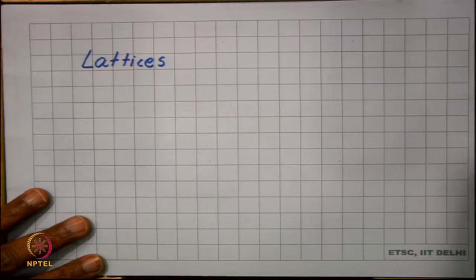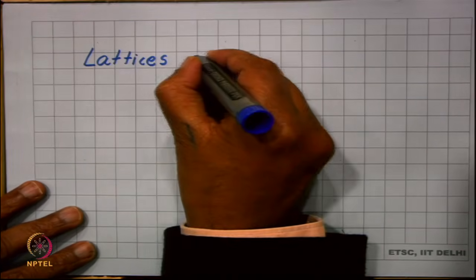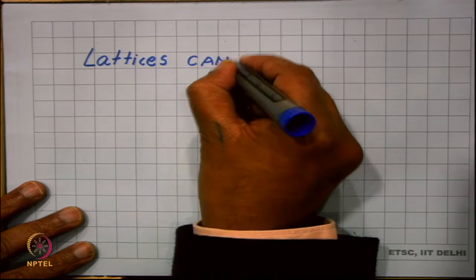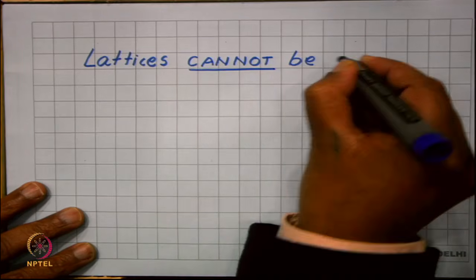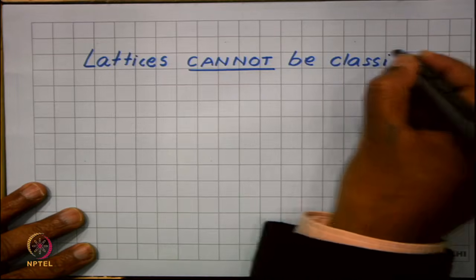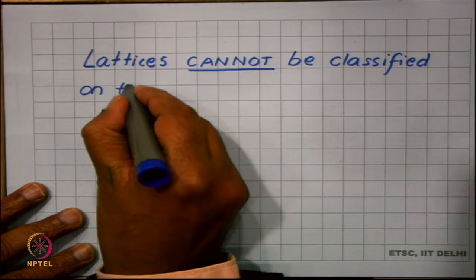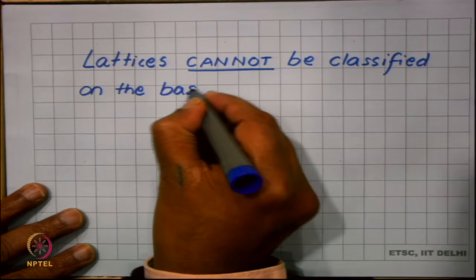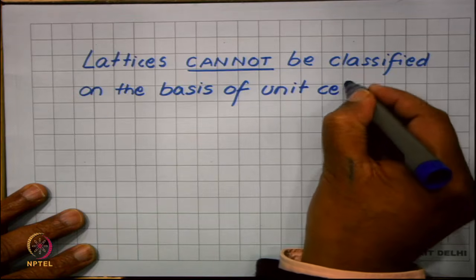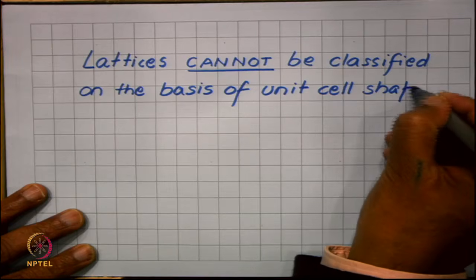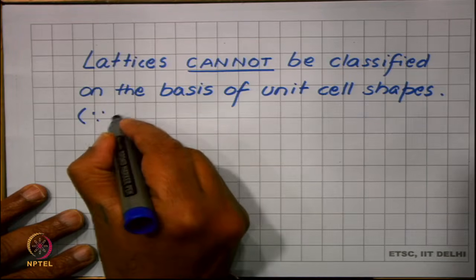So, once we realize that a single lattice can be represented by many different unit cells, we conclude that lattices cannot be classified on the basis of unit cell shapes, because infinitely many unit cells are possible.